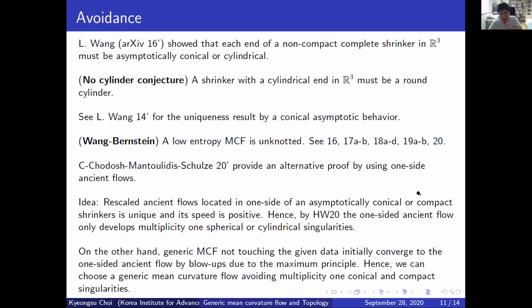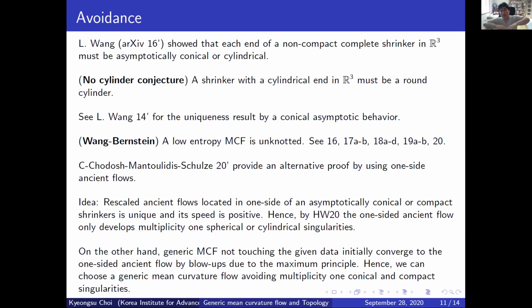And then how we use the one-sided ancient flow. One side means that if you have a self-shrinker, you can consider the static shrinker. And then a one-sided ancient flow means an ancient flow which stays on one side of the shrinker, right?